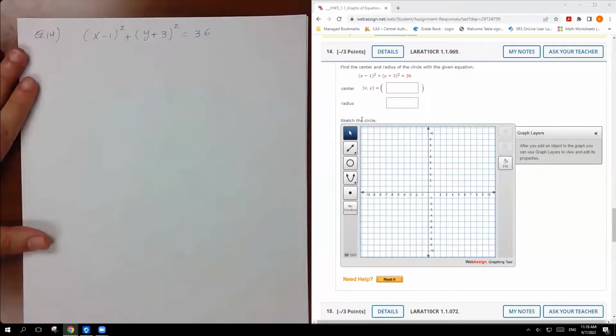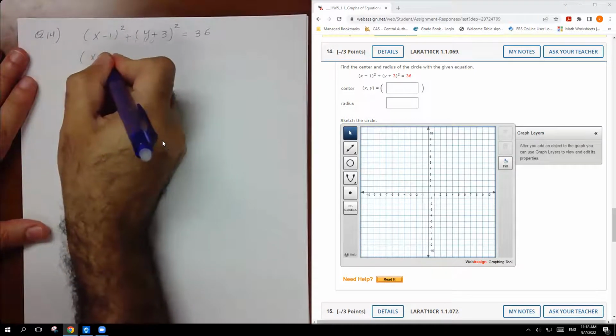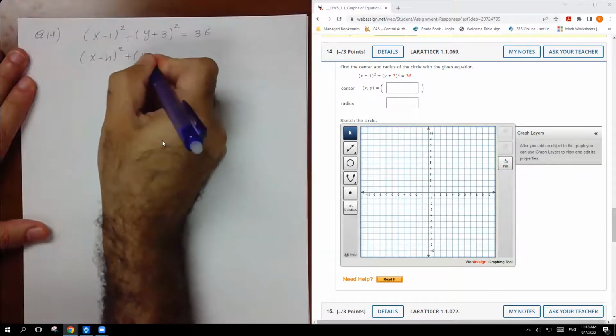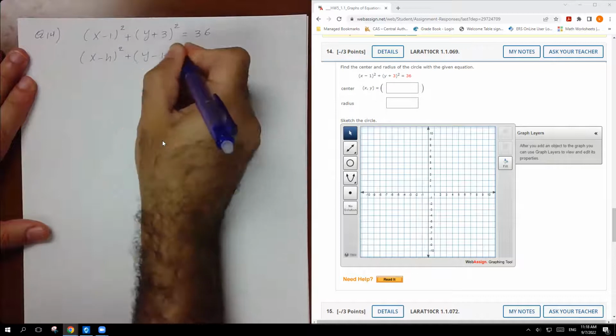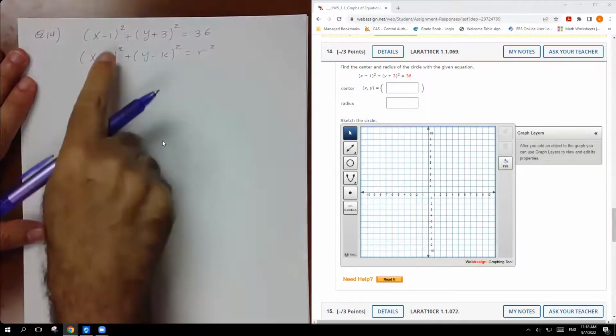So again, be careful because they're going to ask you to write down the center and the radius. Be careful with this. So always write down the formula x minus h squared plus y minus k squared equal the radius squared.